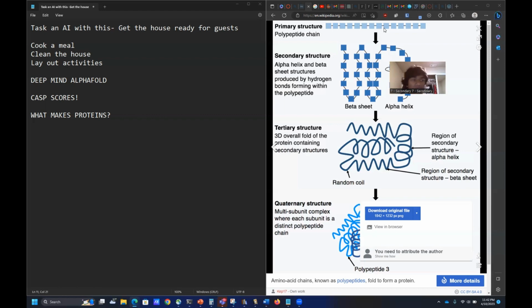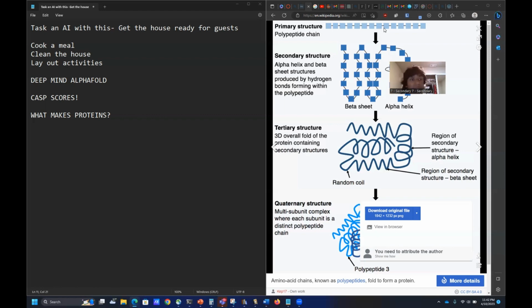So cook a meal, clean the house, lay out activities, all things that we would do that the AI would suggest. Those are smaller problems that we have to deal with to ultimately solve the bigger problem, which is getting the house ready for guests.